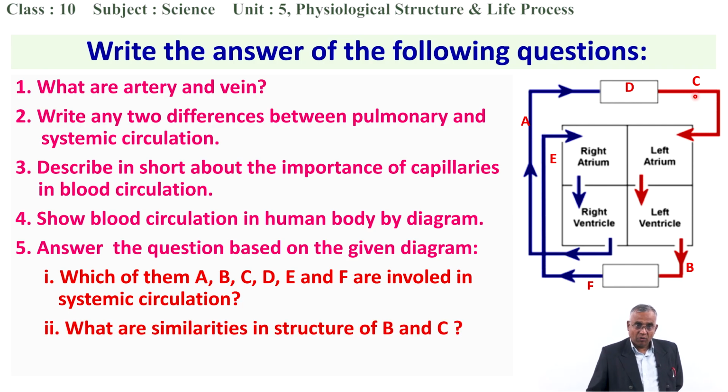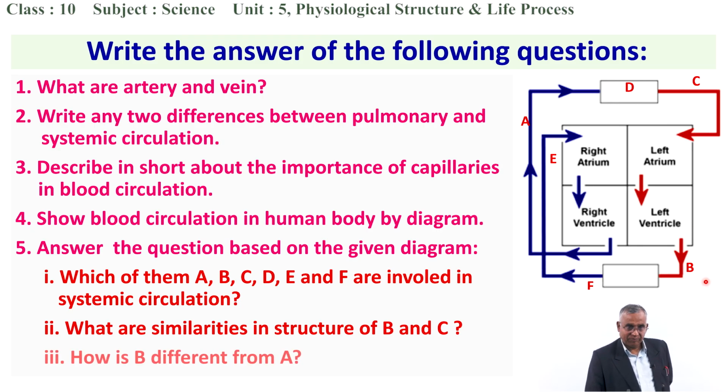Now next, what are the similarities in structure of B and C? B is here, taking blood out from here, and C is here. Both are red, but structurally they are different because one is a vein and the other is an artery. So what is the difference between artery and vein? You can write. How is B different from A?